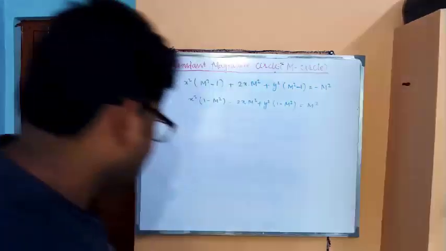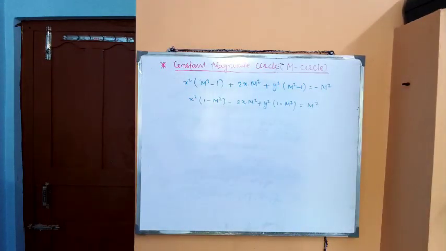Now take common 1 minus M square from this equation.